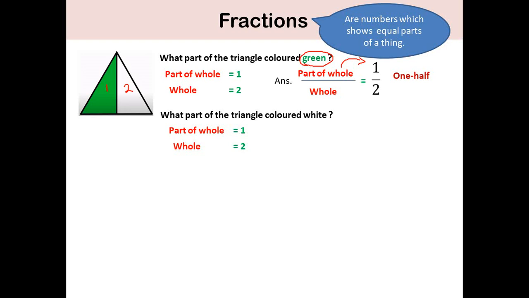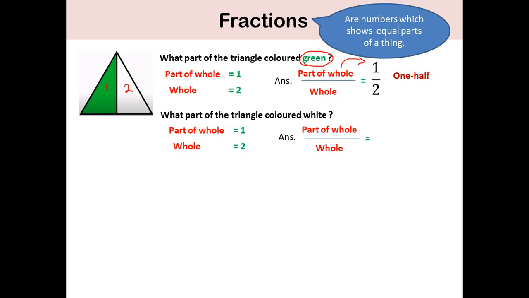Now how to write the part of the triangle colored white as a fraction? We know that part of whole, then a line, then whole will come. Instead of part of whole, I will write 1, because only one part has been colored white.